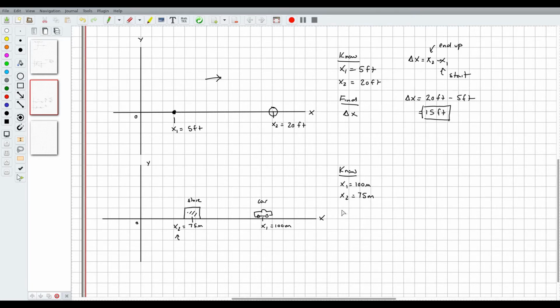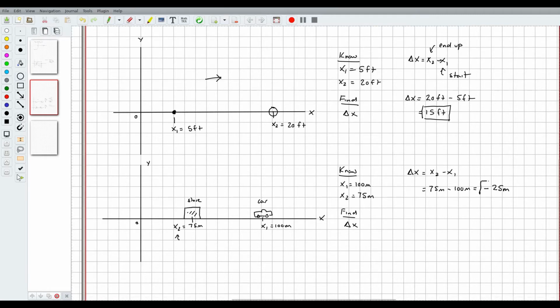We would like to find the displacement. So again, the displacement is where you end up minus where you started. Here, 75 meters minus 100 meters. And when you do the subtraction, you get minus 25 meters.